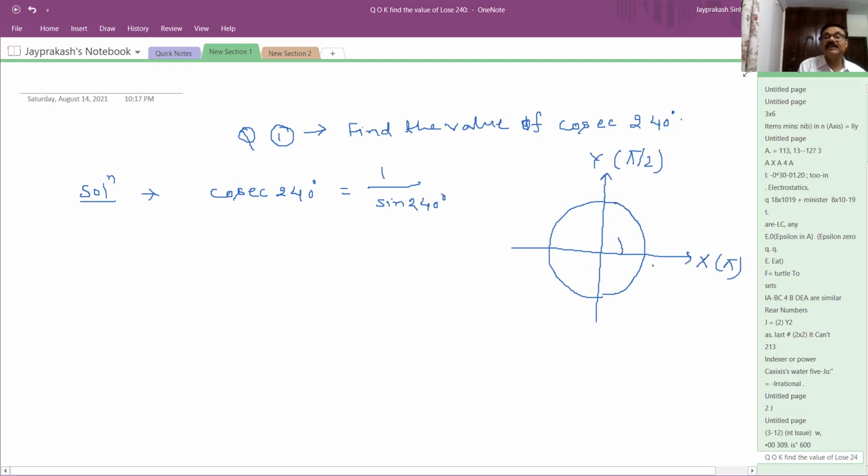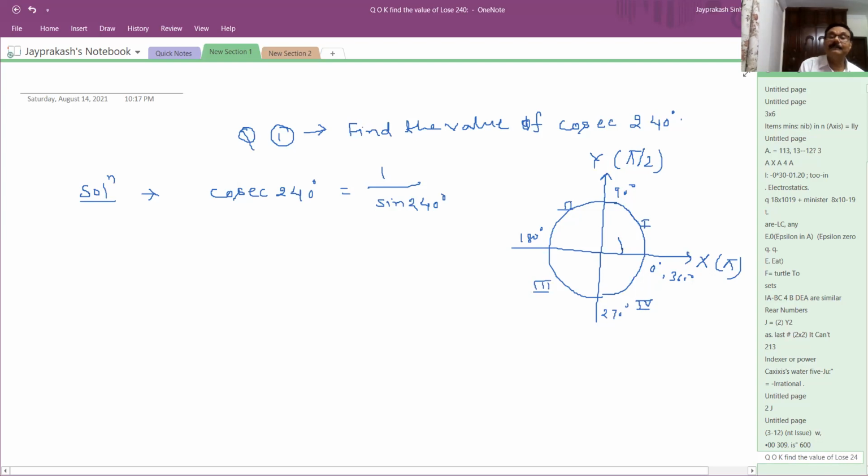So this is 0 degree, this is 90 degree, this is 180 degree, and this is 270 degree, and this is again 360 degrees. So this is your first quadrant, this is your second quadrant, this is your third quadrant, and this is your fourth quadrant.